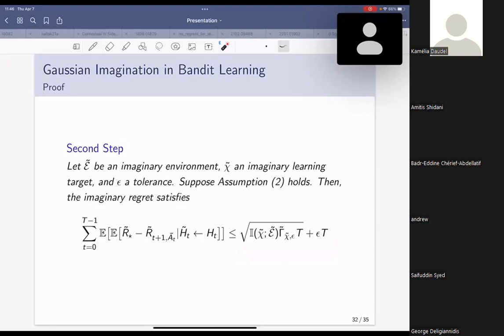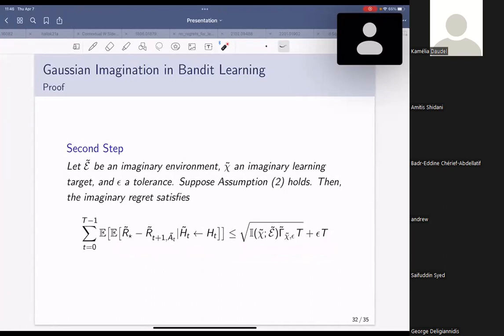I didn't provide the proof of this step because it's very, very simple. We just need to use the definition of the information ratio here, and then expand the mutual information into entropy terms, and a lot of terms just cancel each other and we get the upper bound. It's a very straightforward proof.